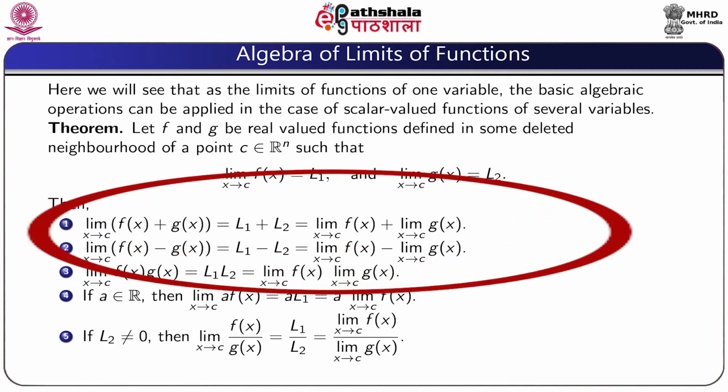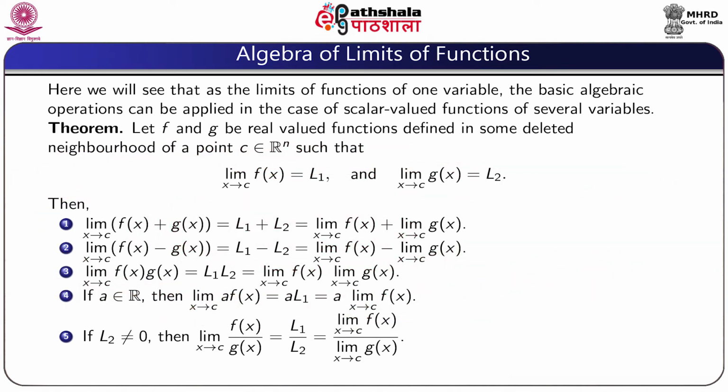We can easily check that the limit of the function f(x) + g(x) as x approaches c equals L1 + L2. That is, the limit of sum equals the sum of limits. Similarly, the limit of difference equals the difference of limits. The limit of product equals the product of limits.